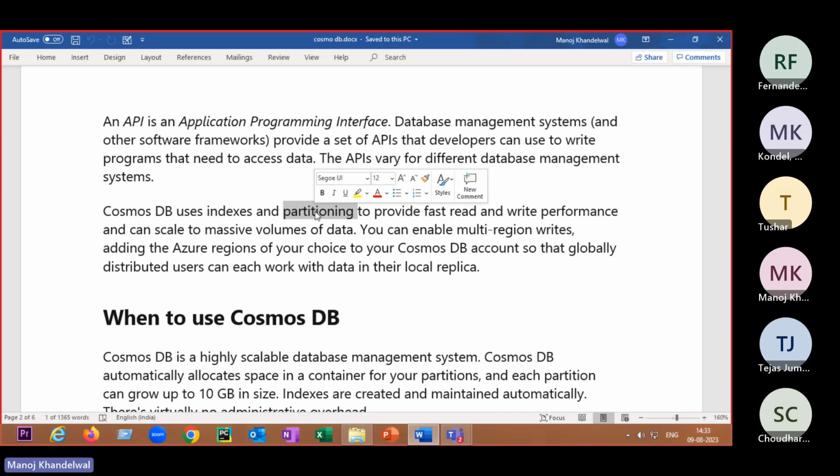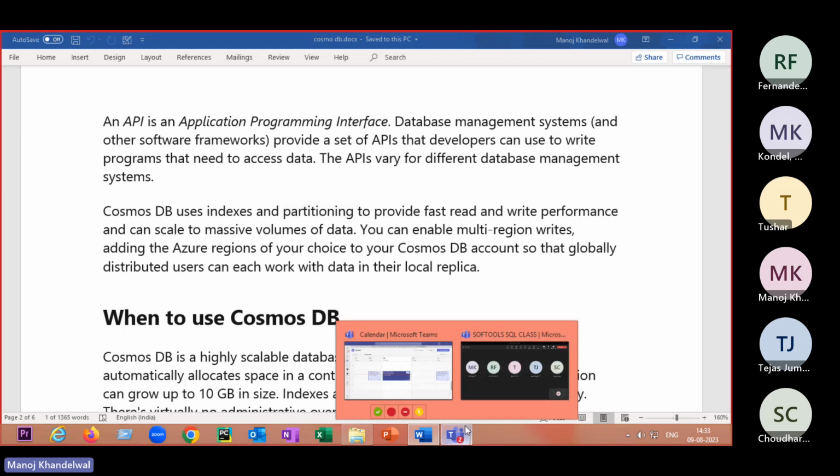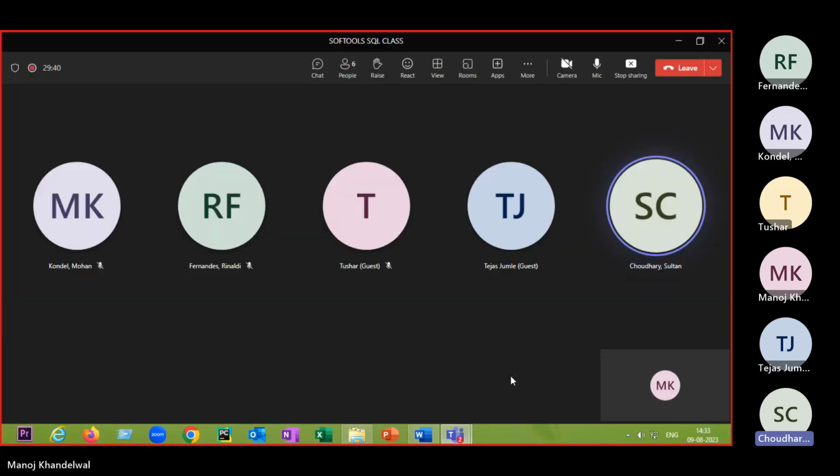Anybody knows what is partitioning? Yes, Tejas, do you know what partitioning is? No, sir. So I guess it's creating multiple storages in one DB.